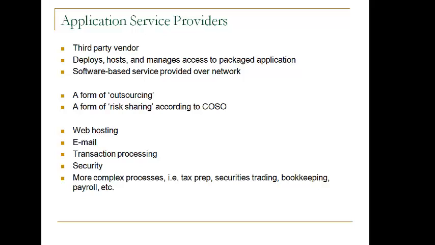All we're doing is taking some function or some process that we could in theory do ourselves, and we're letting someone else who in theory is better at it do it, and we're paying them for that service. COSO also considers ASPs a form of risk sharing, right? The ASP takes on the risk of actually executing that process, and we still have an inherent risk in letting them execute that process.